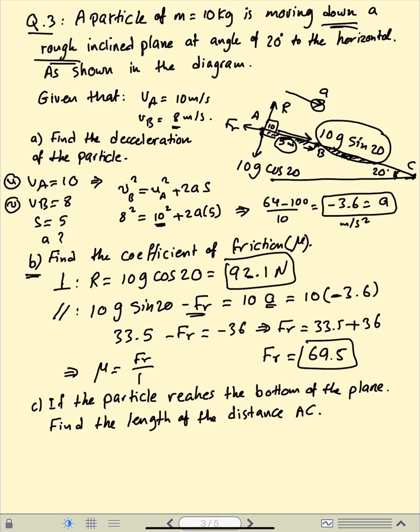FR dividing by R, which is 69.5 over 92.1, which is 0.755.